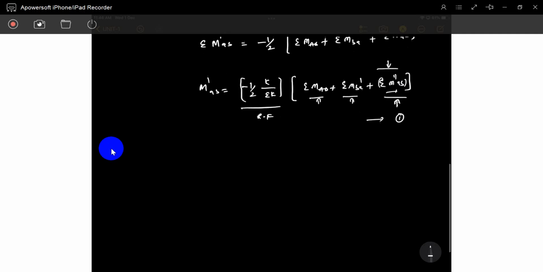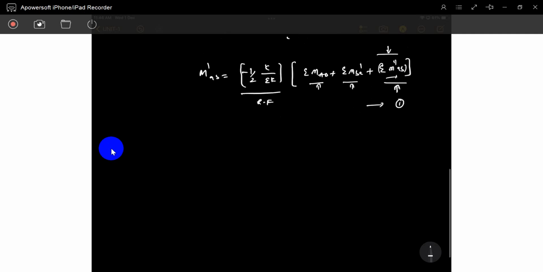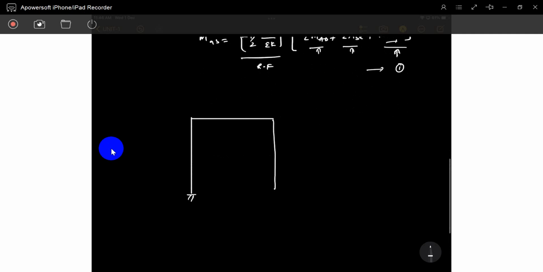Suppose you take a single bay. It has a translational displacement, not beams. You don't feel that sway.